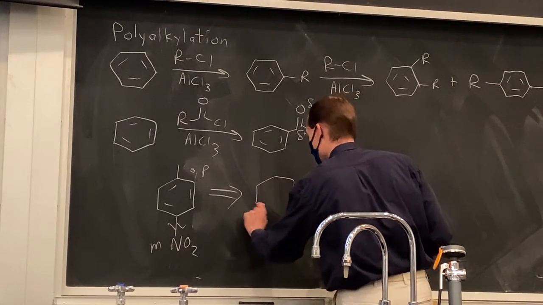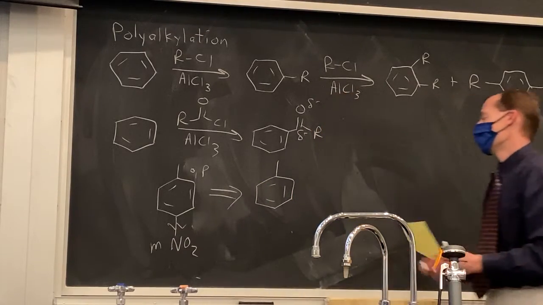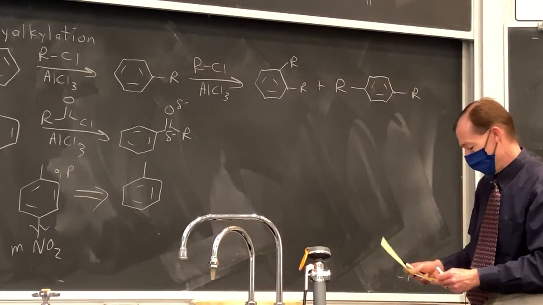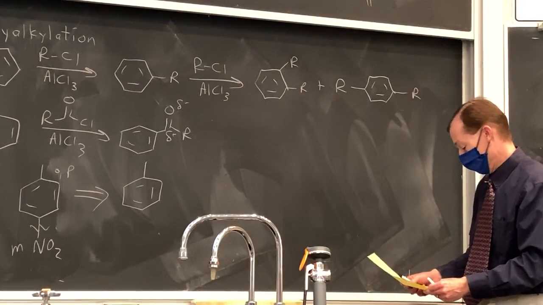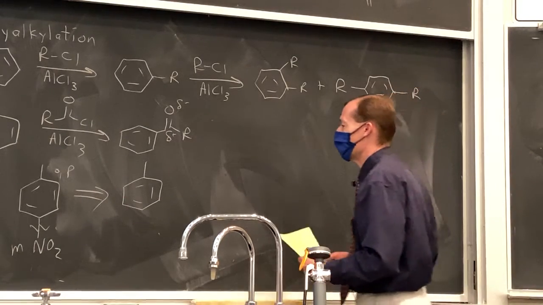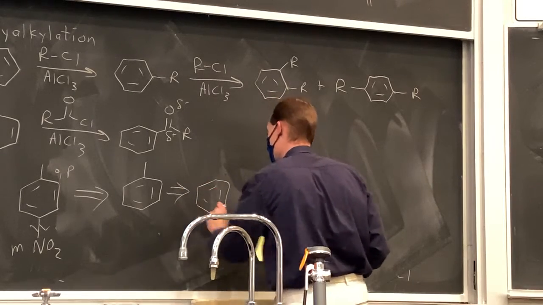So we have to put the meta director on last. So we'd have to use toluene, and then we could go backwards from toluene to benzene. That would be very easy.